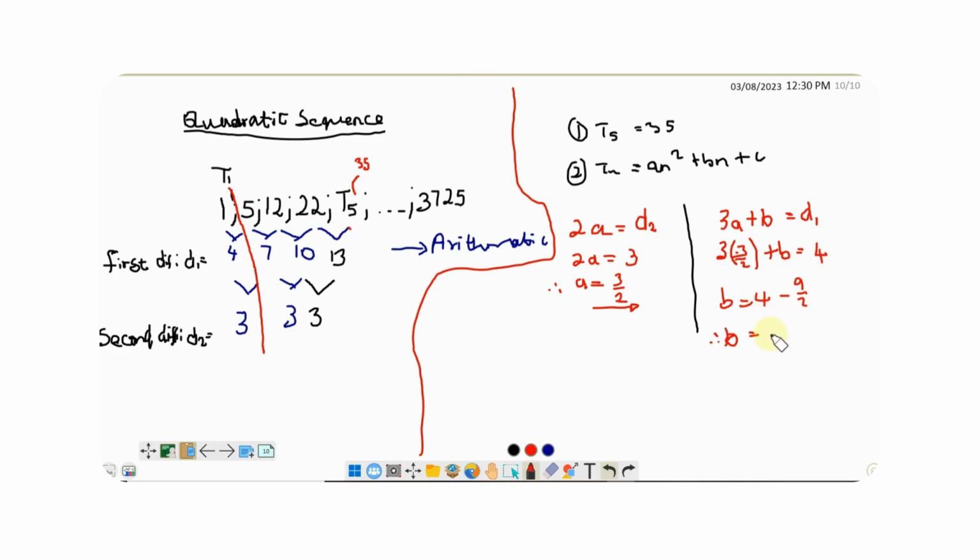So b equals negative 1 over 2. So we have a, we have b.